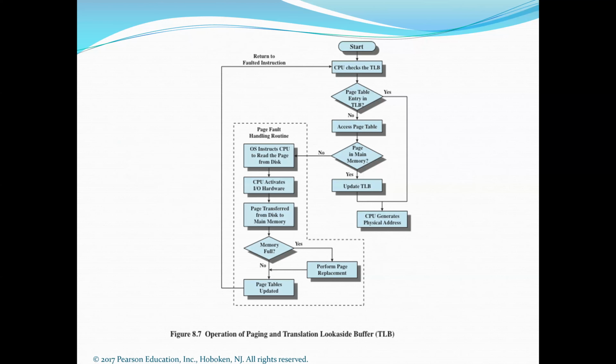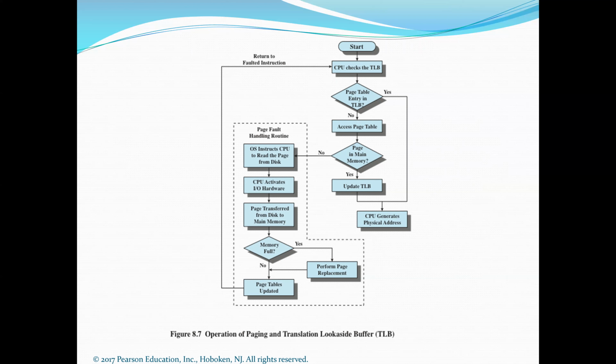To keep the flowchart simple, the fact that the operating system may dispatch another process while this I/O is underway is not shown. But by the principle of locality, we know most virtual memory references will be to locations in recently used pages. Therefore, most references will involve page table entries in the cache.